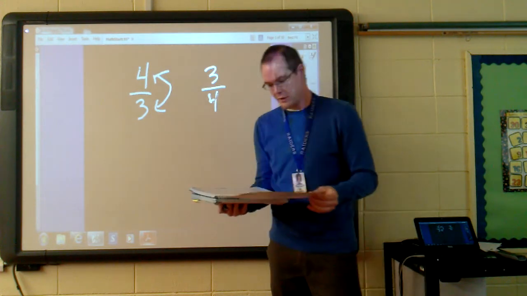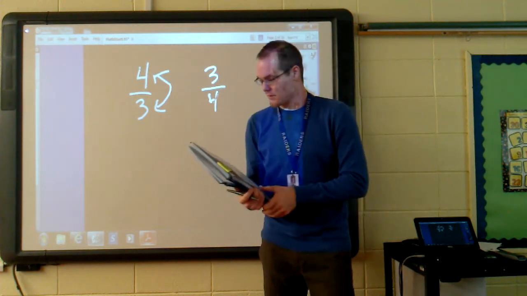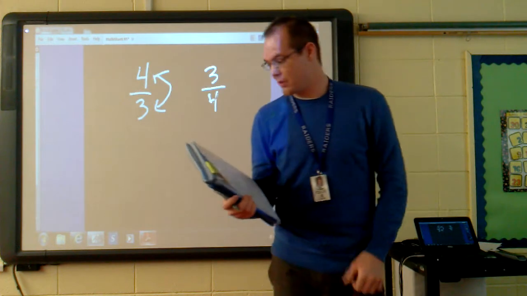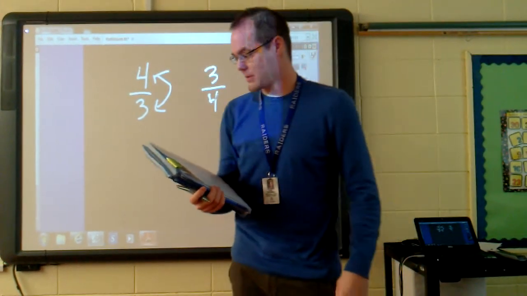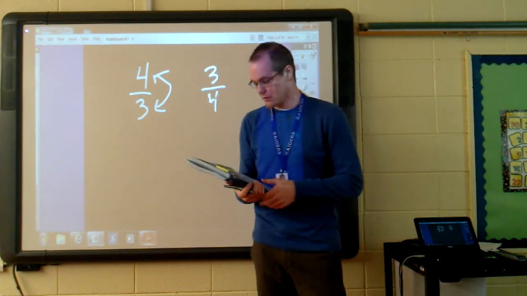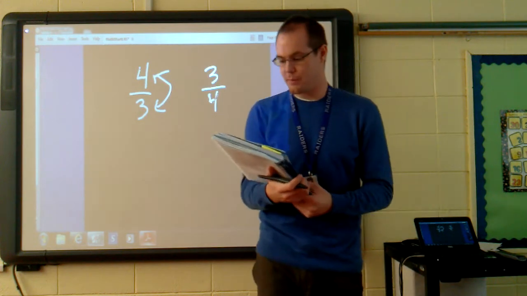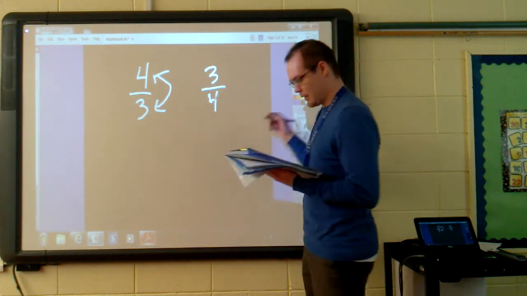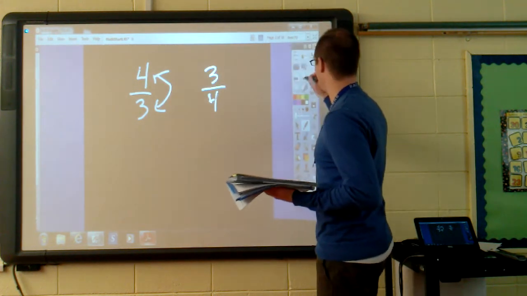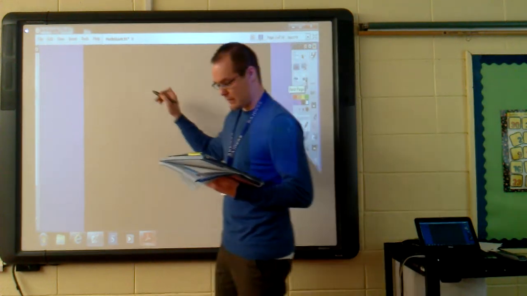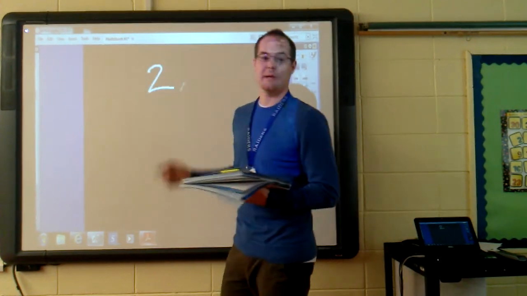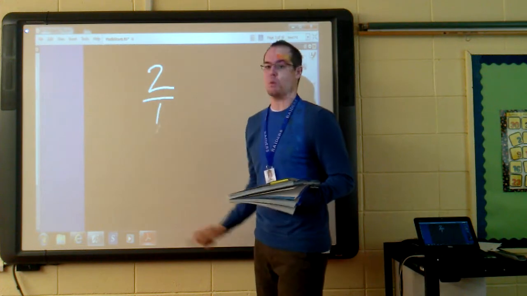Okay, on page 622, it gives us a few examples. It says the reciprocal of 2/3 is 3/2. The reciprocal of 3/2 is 2/3. Whole numbers also have reciprocals. Recall that a whole number may be written as a fraction by writing a 1 underneath it. They give us the example 2. If we want to make 2 a fraction, we just put it over 1.